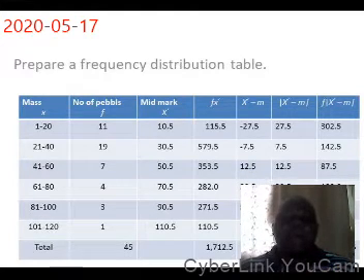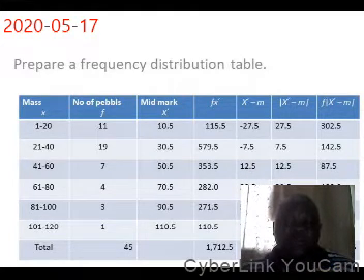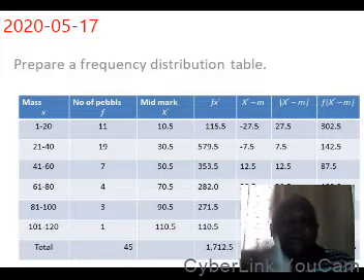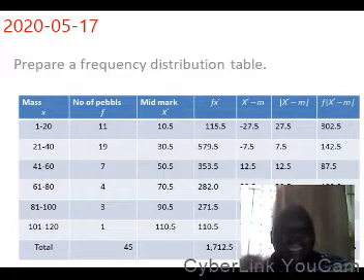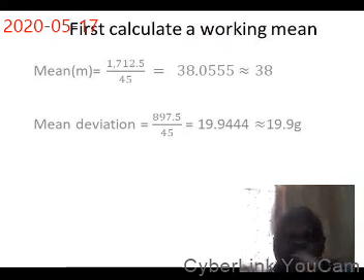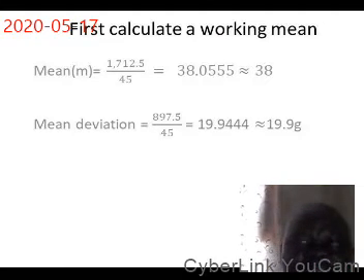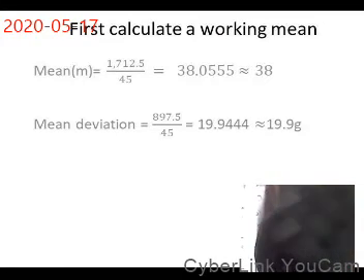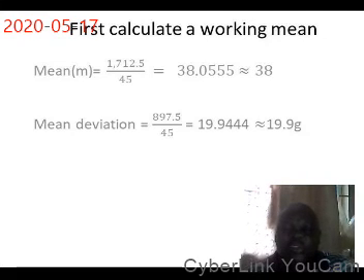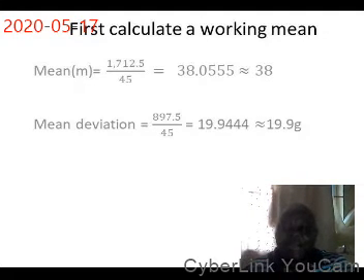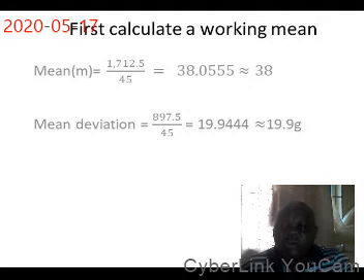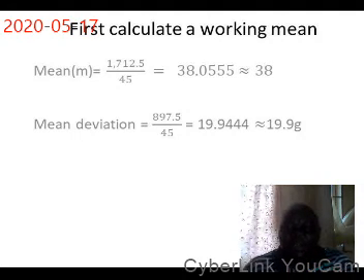Then we have our mean deviation. Now, first of all, in here we have to calculate the mean. The mean in this case is summation fx prime over summation f, which will give you 1712.5 divided by 45.